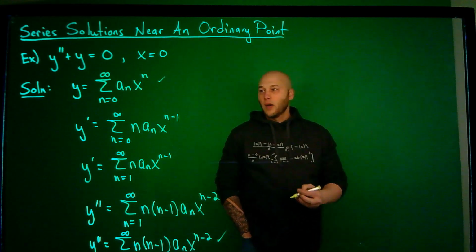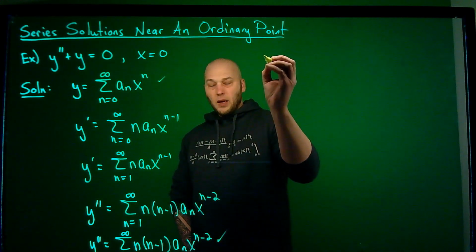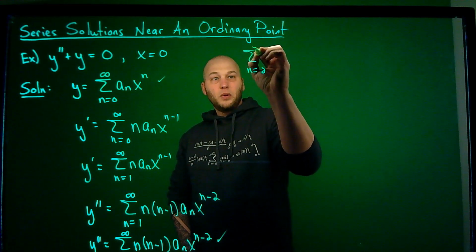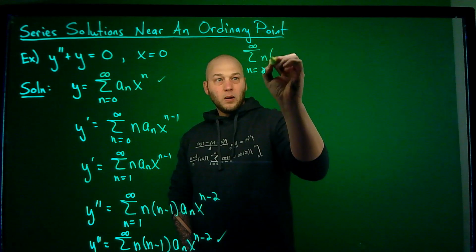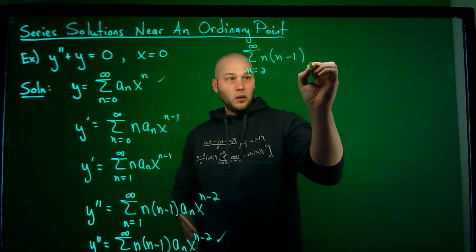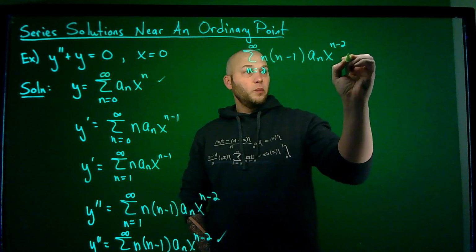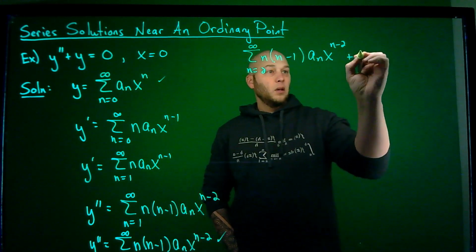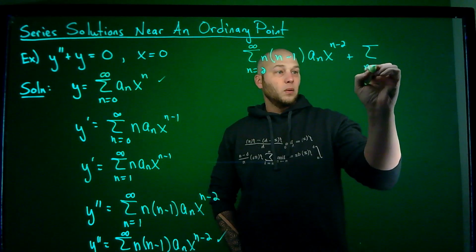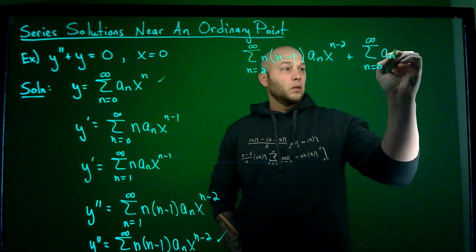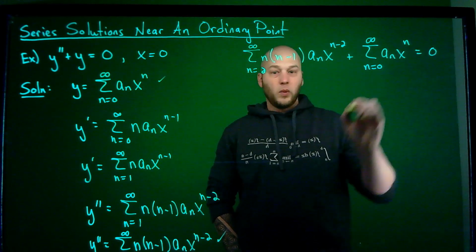Let's go ahead and do that. Okay, so I plug that in. I'm going to get the sum from 2 to infinity of n times n minus 1 and x to the n minus 2, plus the original, or unknown, function. Okay, and we get this.